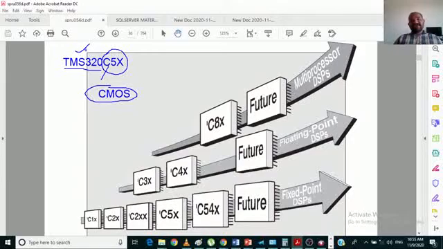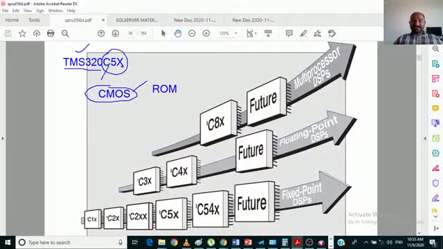And if in place of the C we have an E, let me go back to the C first. This TMS 320C5X family is designed with CMOS technology, and a normal ROM is used as permanent memory.